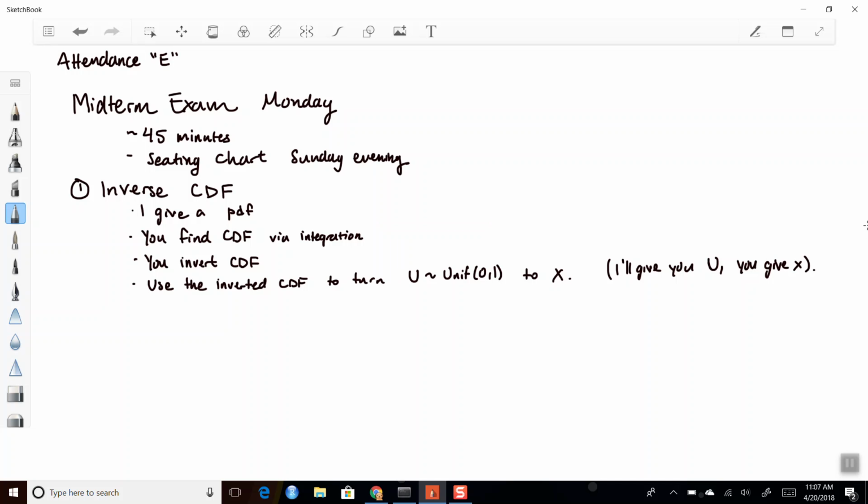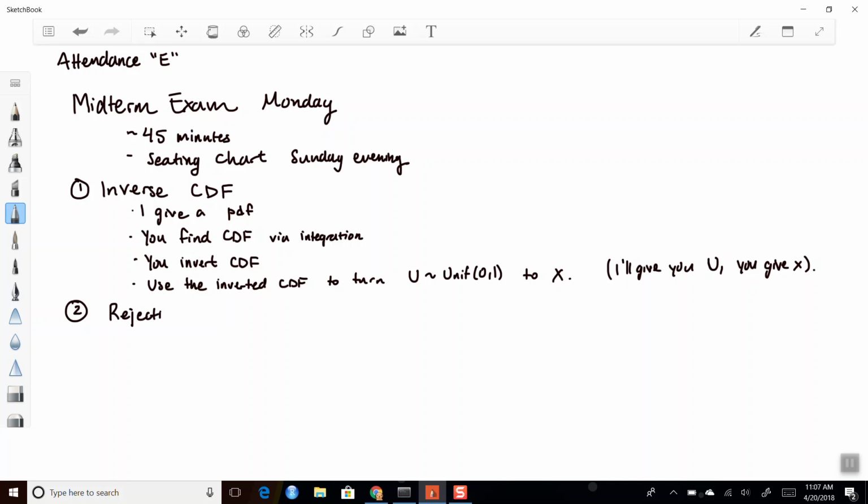I'll give you a random U, maybe a couple random U's, and you turn each of them into random X's. So that's inverse CDF. You can just make up some PDFs in practice.